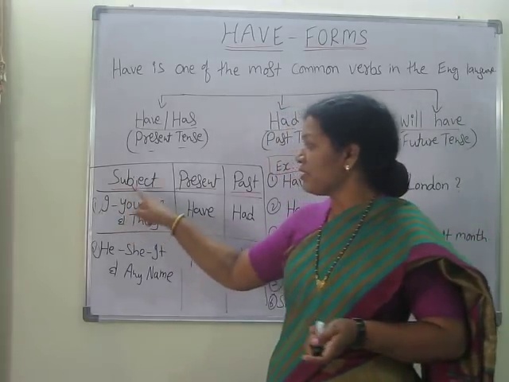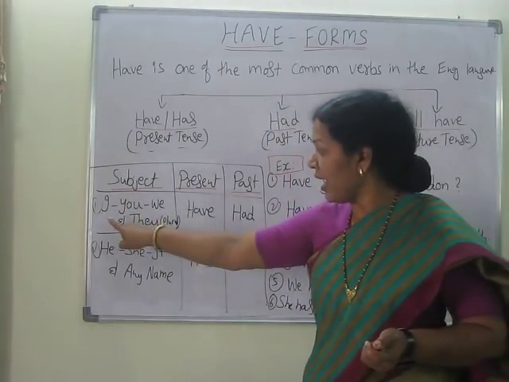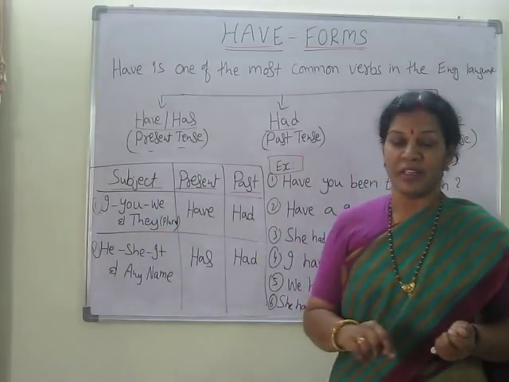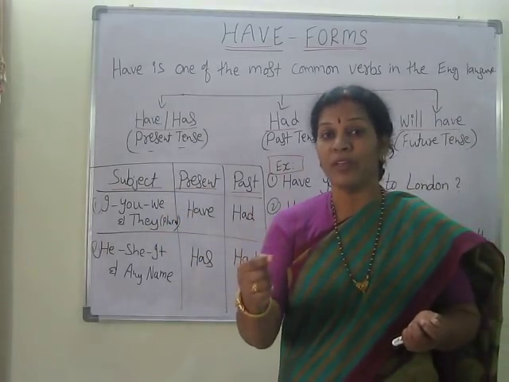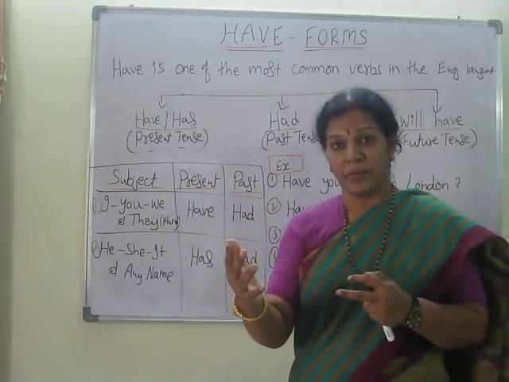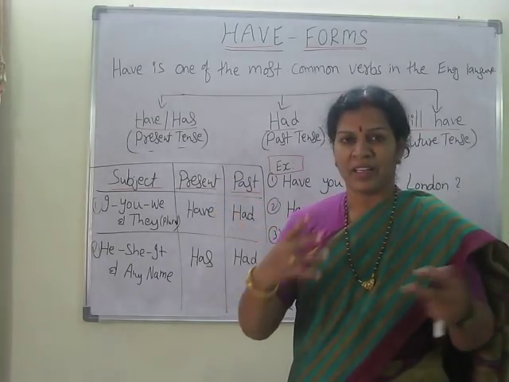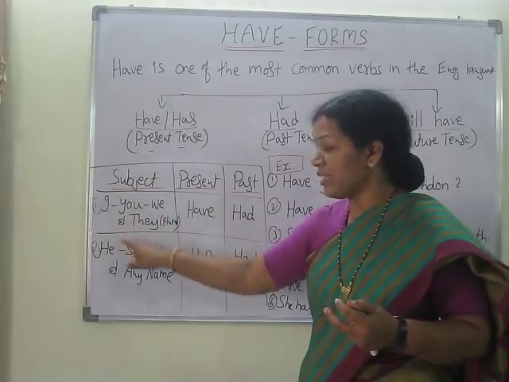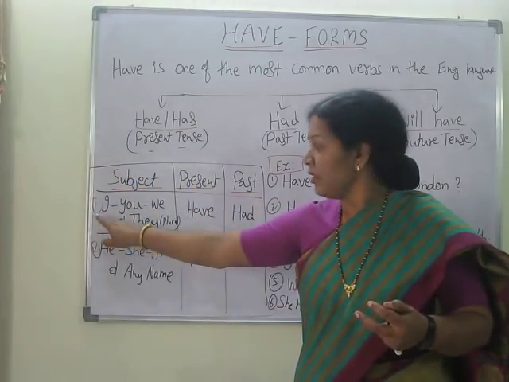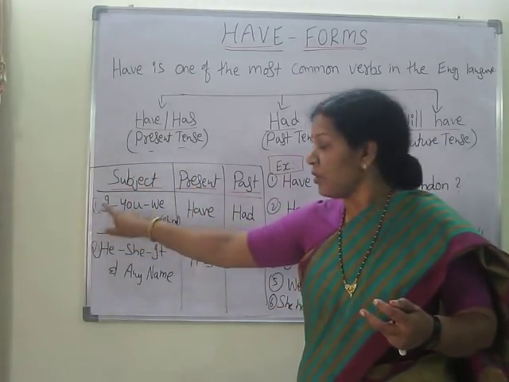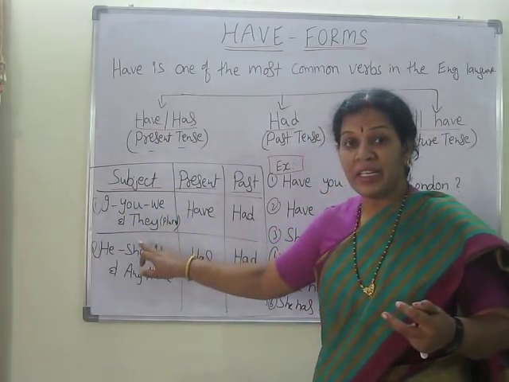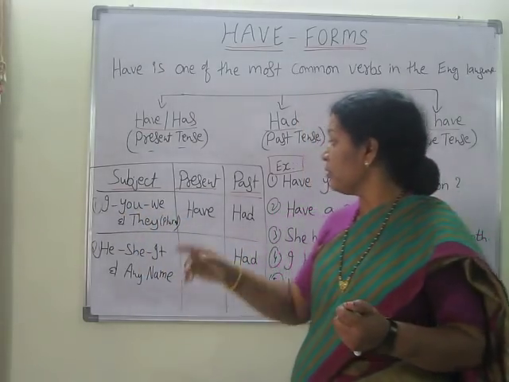Number one subject is here: I, you, we, they, and any kind of plural, such as boys, girls, women, men. Any plural also comes under subject one. So for I, you, we, they and any plural word, how do we use it?